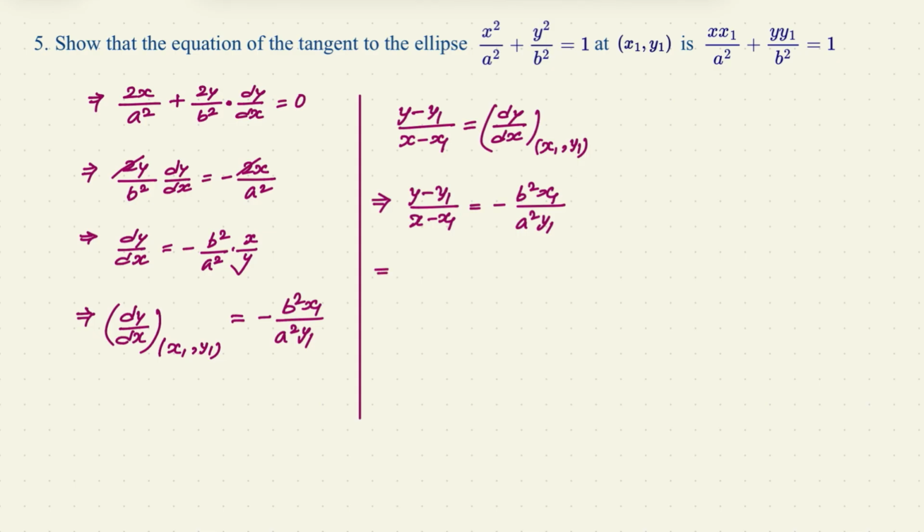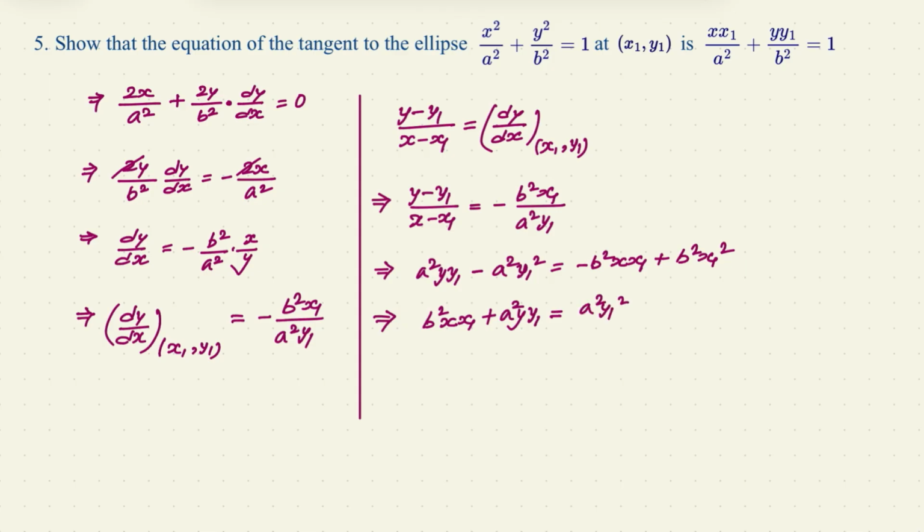Now let us cross multiply, then we will have a square y into y1 minus a square y1 square equals to minus b square x into x1 plus b square x1 square. So let us keep x and y one side, then we will have b square x into x1 plus a square y into y1 equals to a square y1 square plus b square x1 square.